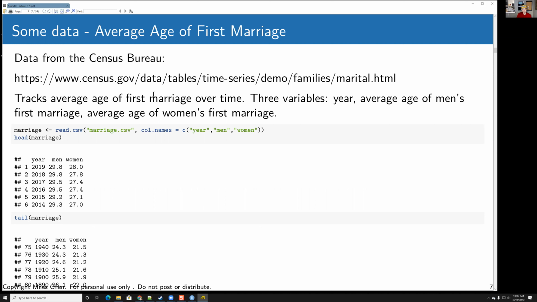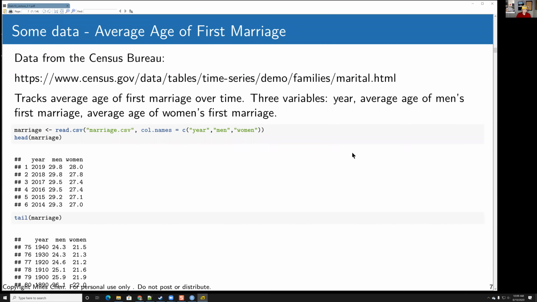Every 10 years, the U.S. conducts a census, and here's some information on marriage, looking at the age of first marriage over time. During the census they interviewed some people, and they ask, are you male or female, and how old were you when you first got married?